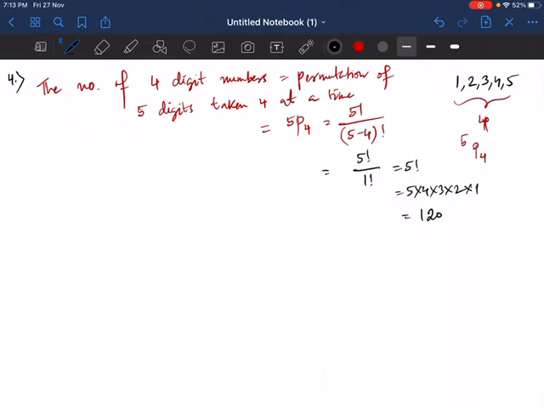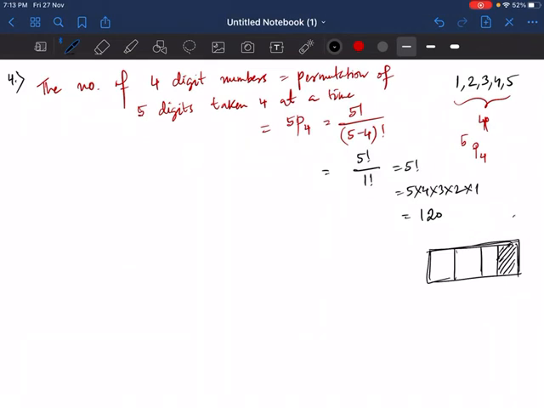Now for even, what we need to do is, look here, if I have a 4-digit number, think of that box. When my number is even, the units place must be an even number, right?